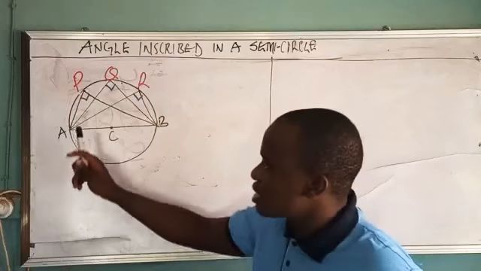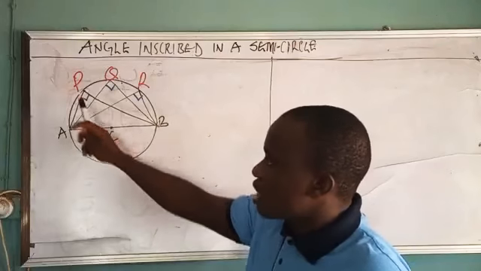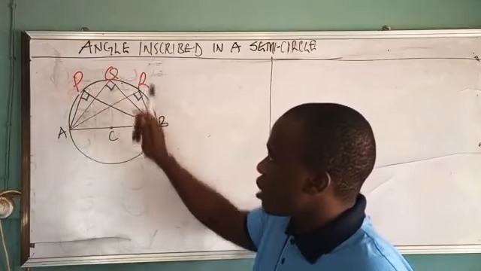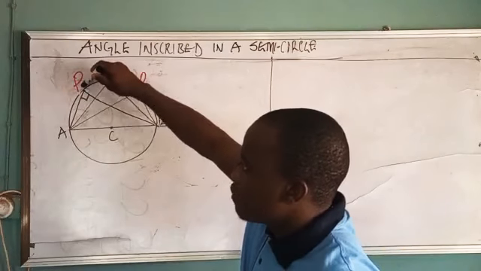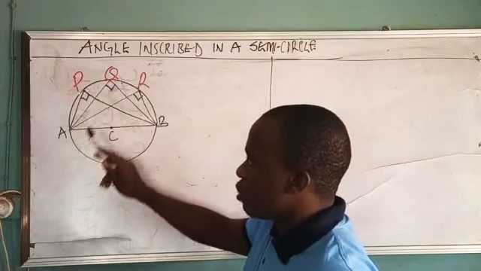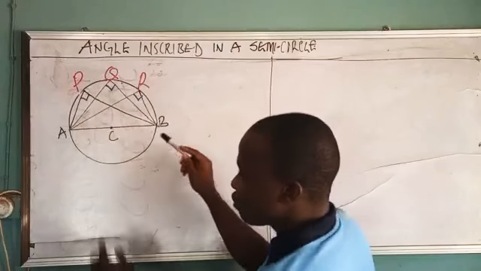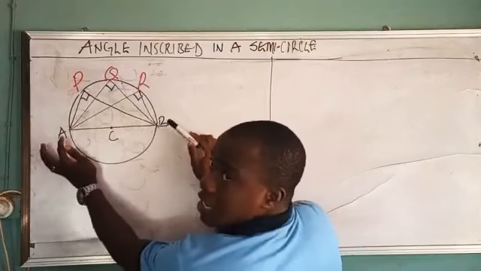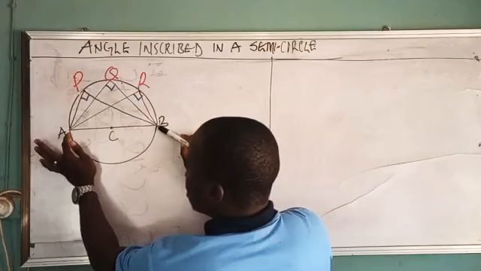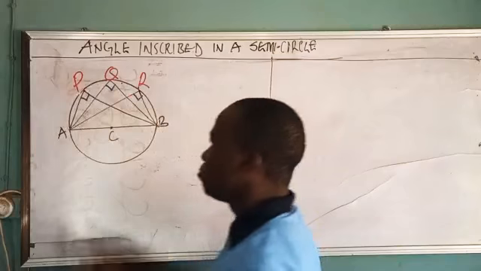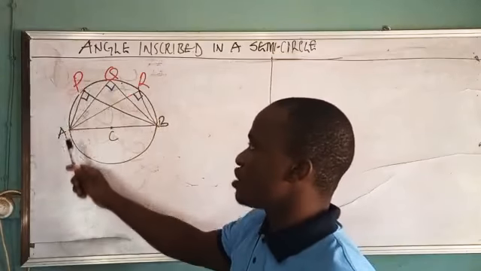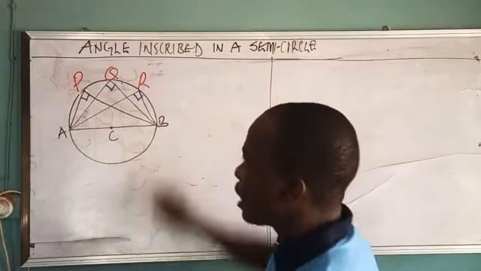So if you look at this, you have AB, so you have P, Q, R. You will see that this angle P is formed with line AB. If you look at it, A, B, then follow this line, you can see to P. The angle P is formed with AB. Look at the Q also.